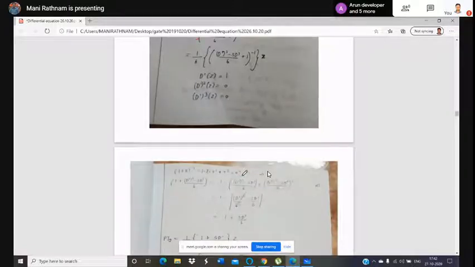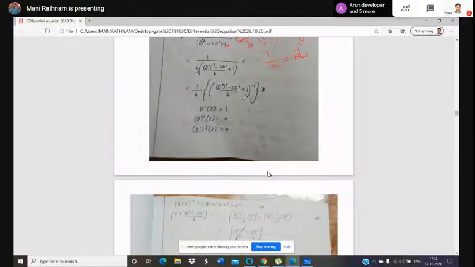And this is the formula: 1 plus x whole power minus 1 is 1 minus x plus x square minus x cube plus x power 4, etc. up to infinity.